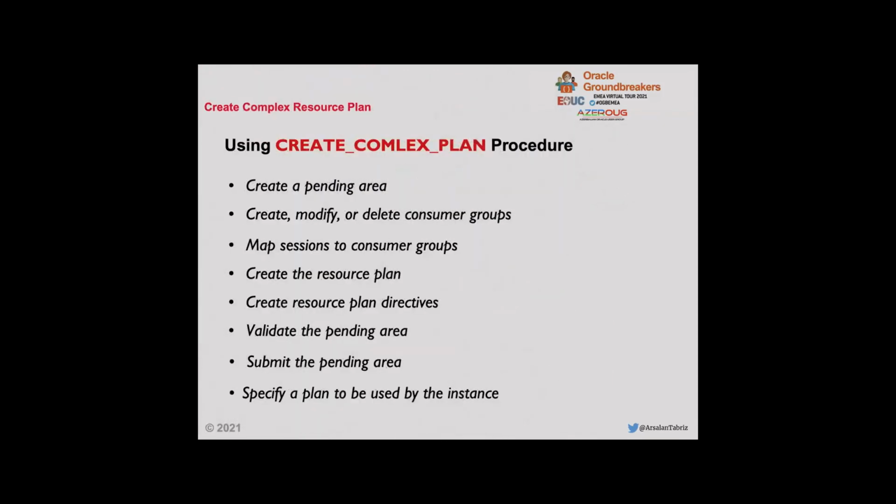So the create complex plan procedure can create a pending area, create, modify, or delete consumer groups, map sessions to consumer groups, create the consumer resource plan, create resource plan directives, validate the pending area, submit the pending area, and specify a plan to be used by the instance.